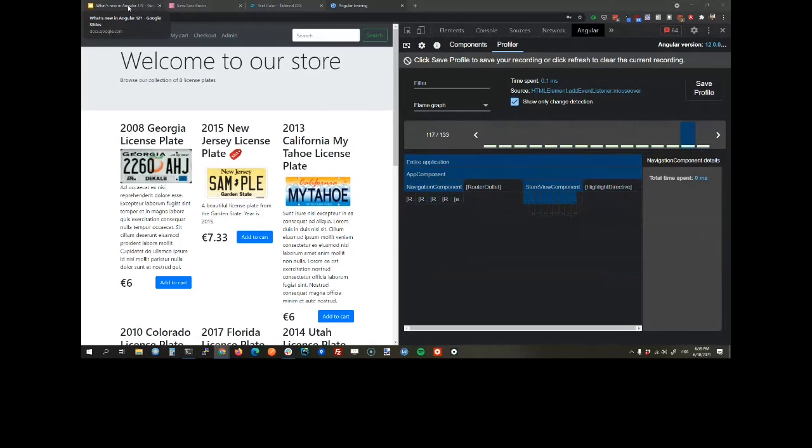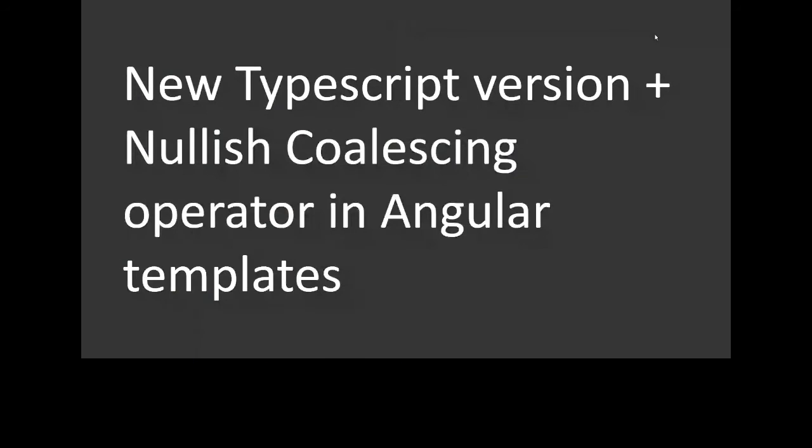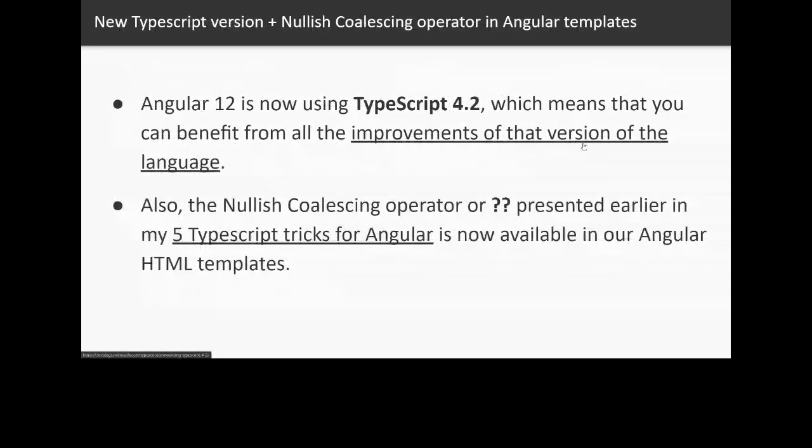So Devtools browser extension, we talked about that. Now, every time Angular releases a new major version, it goes along with a new TypeScript version, because the TypeScript language is also evolving at a good pace. So every time Angular increases a major version, it's going to adopt the latest version of TypeScript.